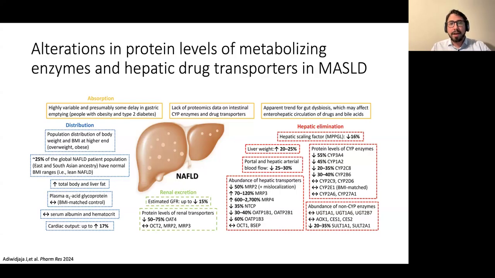They can also have a lower glomerular filtration rate. And most importantly, in terms of hepatic elimination, people with MASLD can have a different abundance or a decreased abundance in important hepatic transporters, but also in protein levels of CYP enzymes.